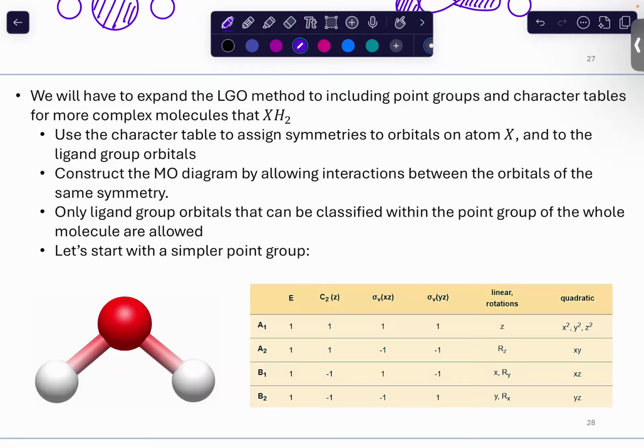This is why I started talking early on about orbital symmetry, and it becomes super important, because now orbitals are not going to combine. You're not going to combine a B2 and an A1. It's just not going to happen. You're going to have combinations of A1 with A1, A2 with A2, and so on. So we will start taking apart water on Monday and go from there. Cool. Sounds good.